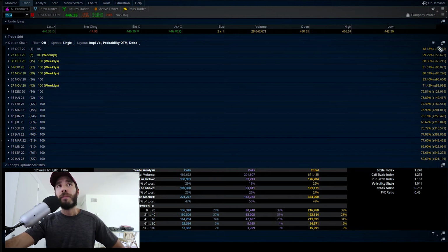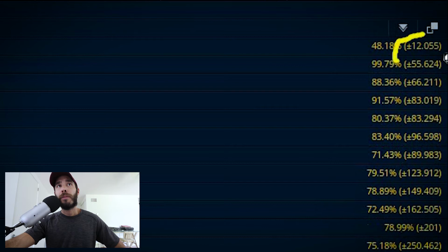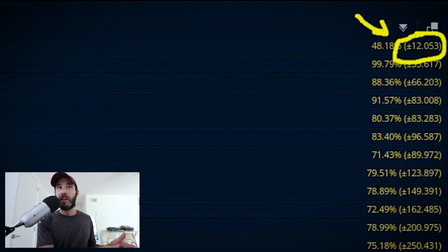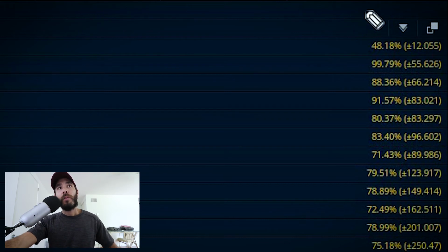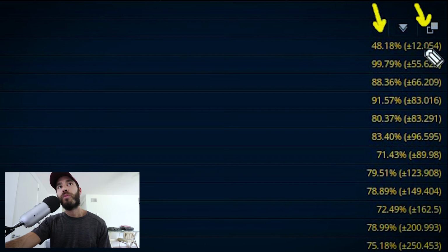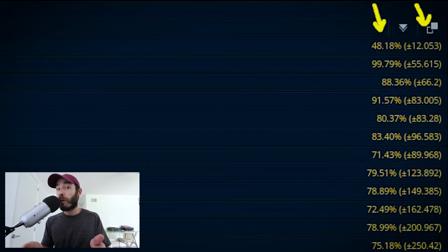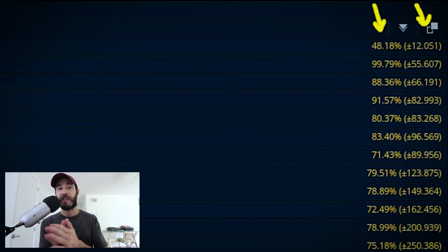We'll go one further. Now, the expected move, you hear me talk about it, but the expected move is derived from the implied volatility. So you can see we have the implied volatility on the left, and then we have the expected move on the right. The expected move is in terms of dollar amount. Knowing the percentage is good to compare across sectors, across different stocks.